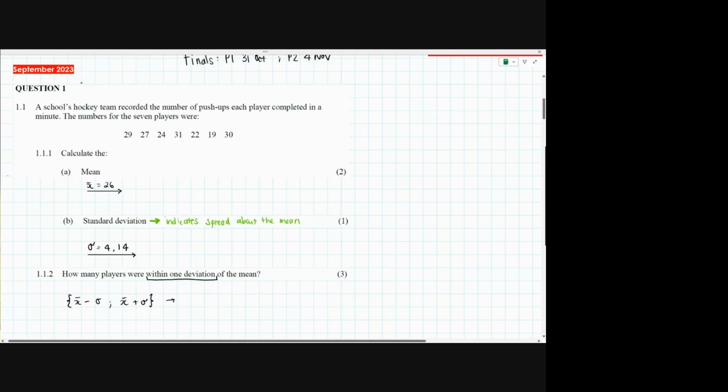If I take my average, let's first subtract, and I subtract 4,14, I get a value of 21,86.